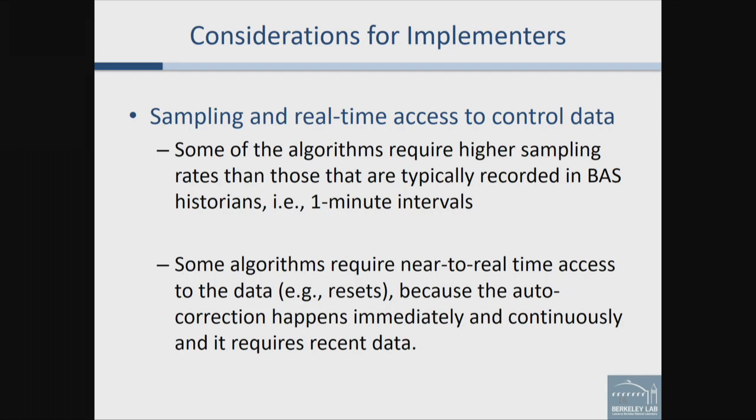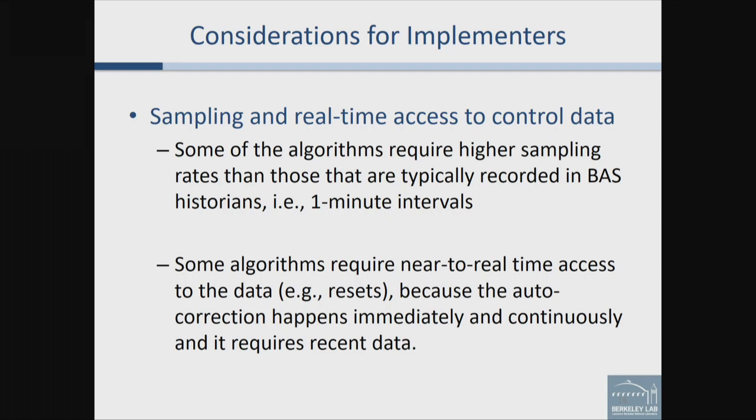There are also things that may need to be changed in the FDD tool itself. One is the current sample rate of the FDD tool, which is 5 minutes or 15 minutes. If we want to look at the control hunting fault, this time interval is not sufficient, so the sample rate needs to be increased to a 1 minute interval during the fixing process.